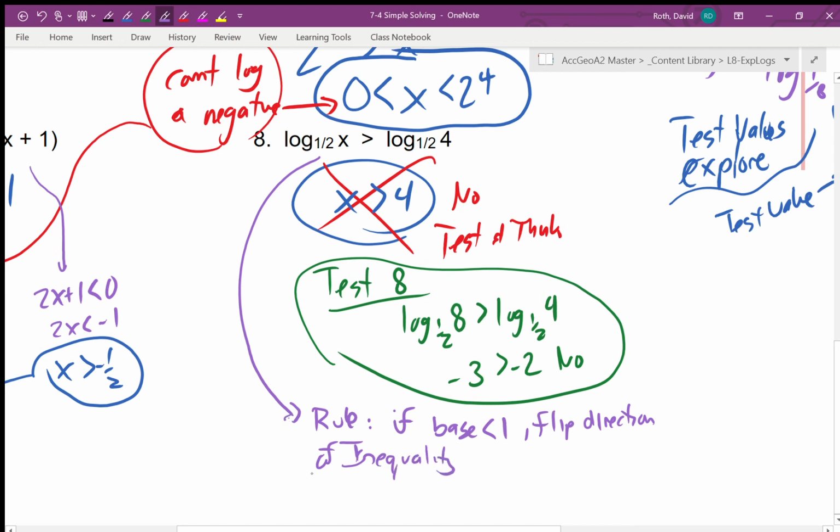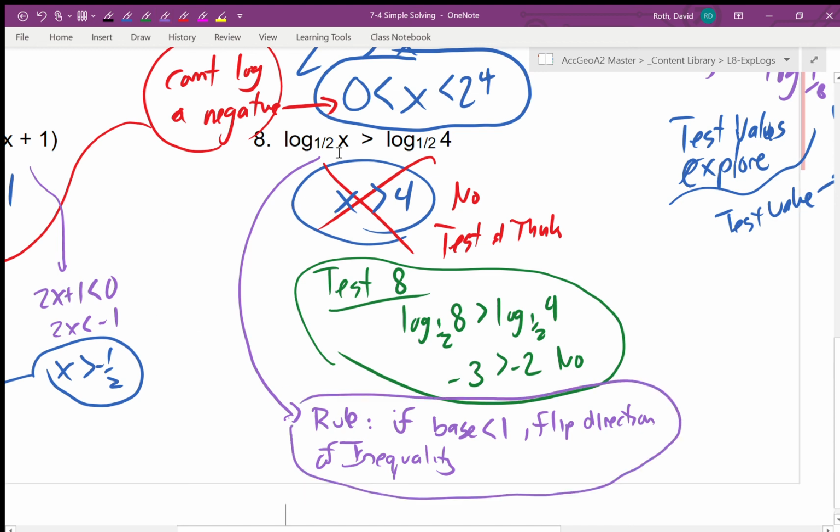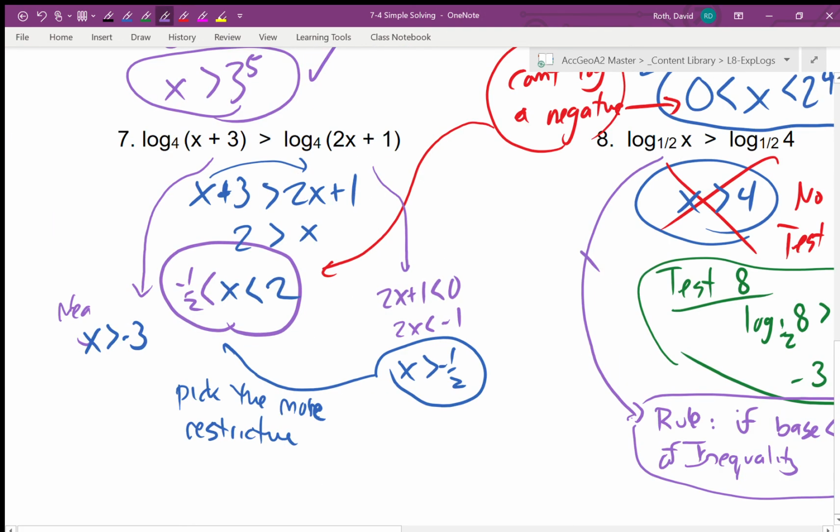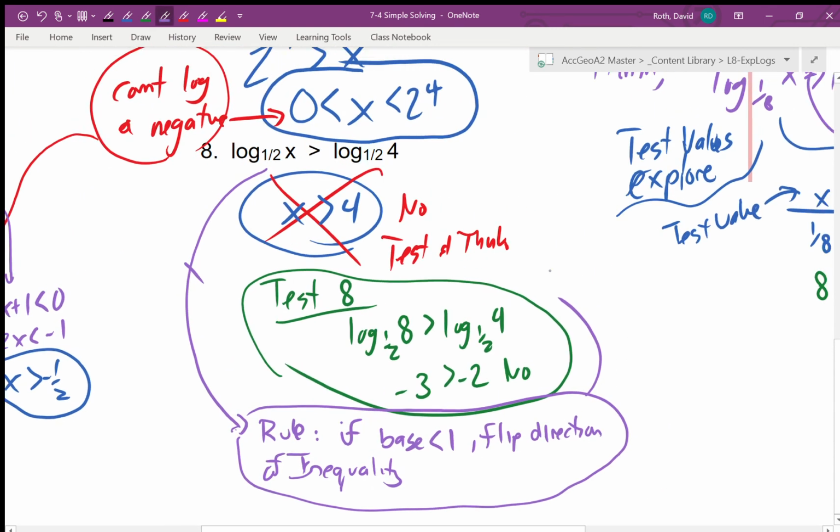And the reason we do that, if you remember, a log is a power, and I could rewrite the power of 1/2 as 2 to the -1 power. So effectively, a fractional base is really introducing this negative that flips the direction of the inequality around. So this then becomes x is less than 4. And that's my gold star answer. Okay, hopefully that's good enough. See you guys later.